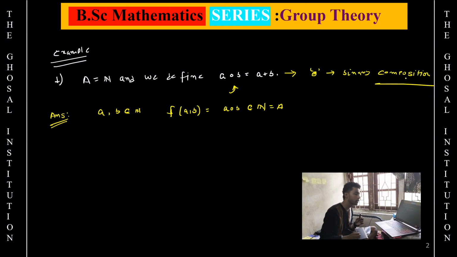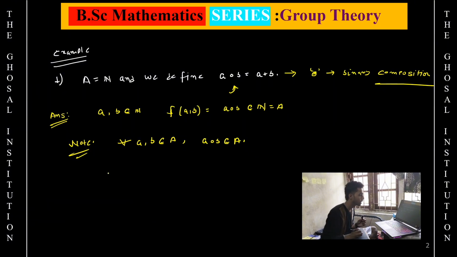So you have to just check that for all a, b belonging to the set A, your a compose b, that is f of (a, b), belongs to that set or not.